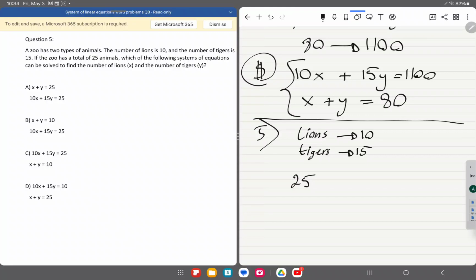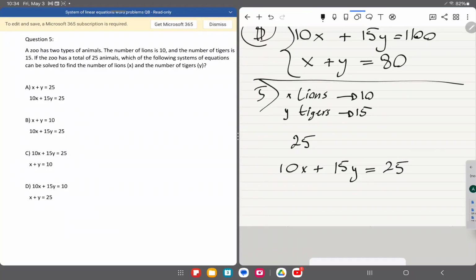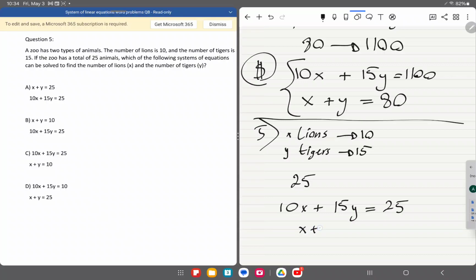So the number of lions is x, and the number of tigers is y. So I'm going to get 25. X plus y is equal to 25. There is no other option over here.